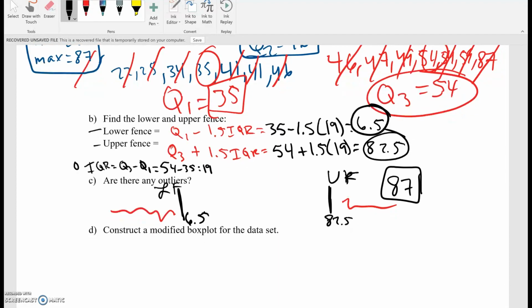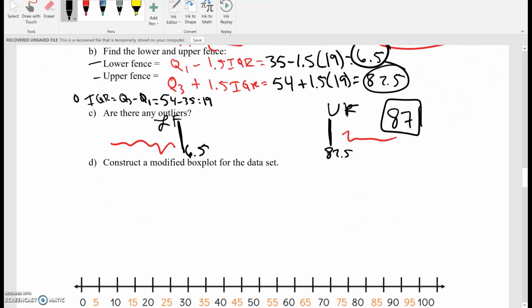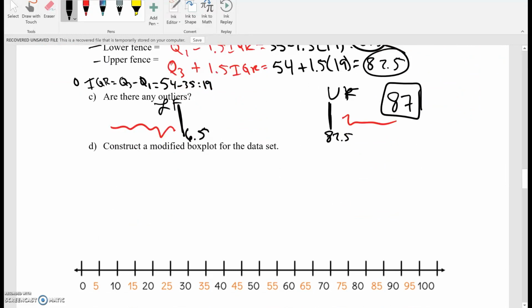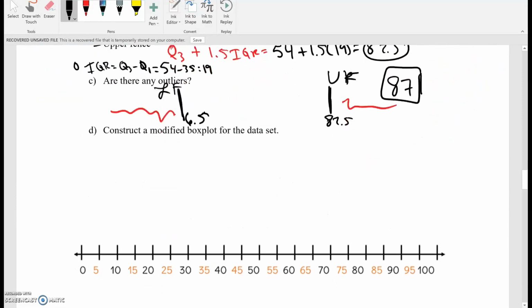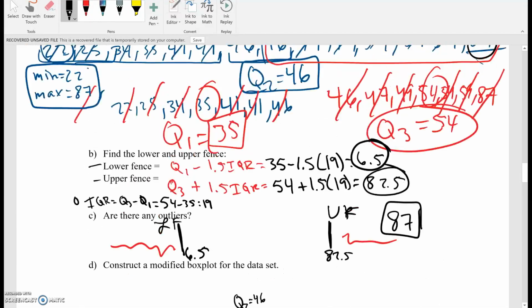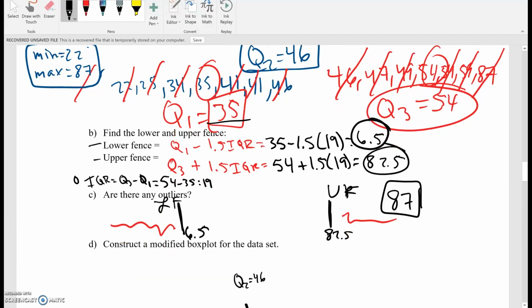Okay, so how am I going to construct this box plot? It's not that bad. The first thing that you want to do is plot your quartiles. So my middle one was a 46. 46 is around here. Here was Q2. This was 46. My next one, okay, where's Q1? Q1 is 35.